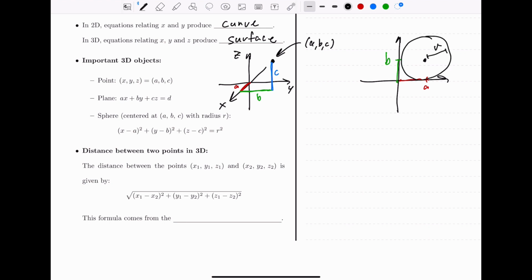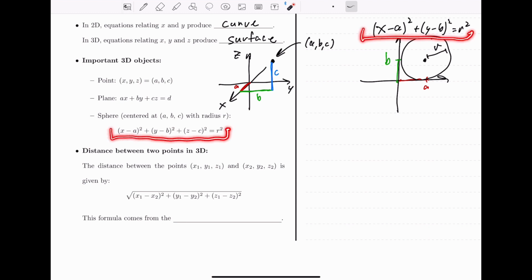The equation for this circle would be (x minus a) squared plus (y minus b) squared equals r squared. And we can see the similarity between this equation for a circle in 2 dimensions and the equation for a sphere in 3 dimensions. We're just adding another term here, (z minus c) squared. So here's the general form of a sphere in 3 dimensions, centered at (a, b, c) with a radius of r.